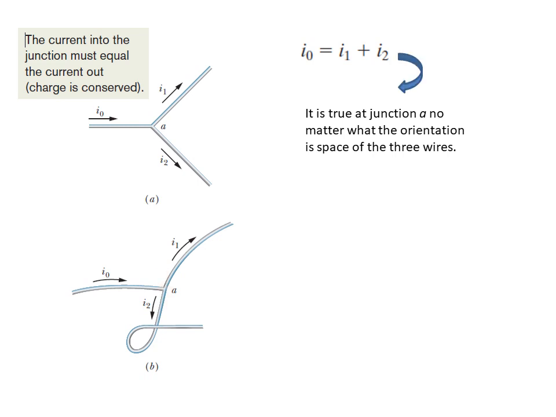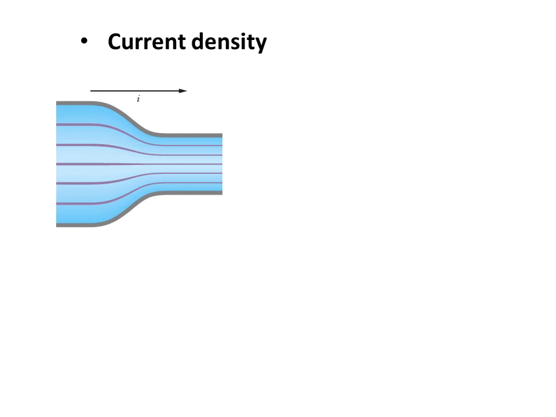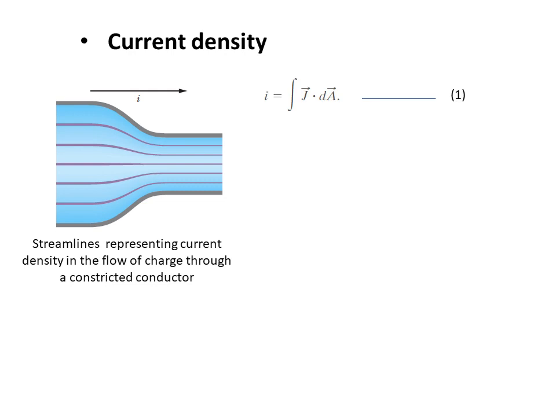Now, current density. What is current density? We define it in a while, but look at this figure. Here you see streamlines, which represent the current and current density in the flow of charge through a constricted conductor.